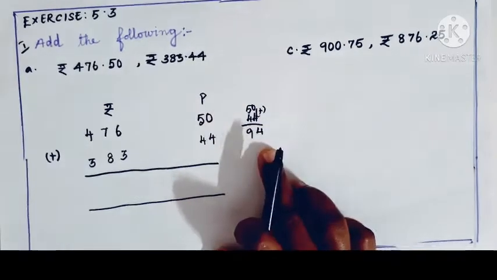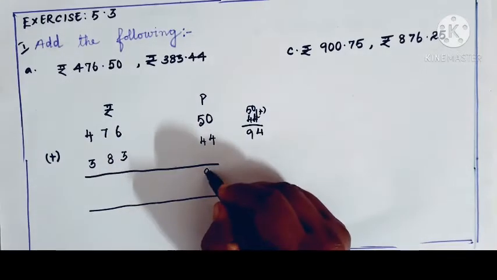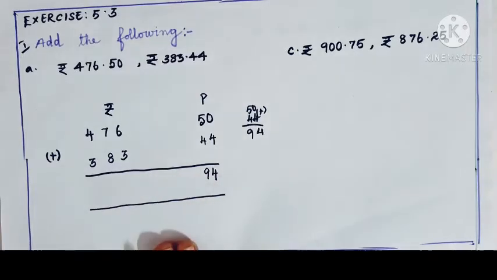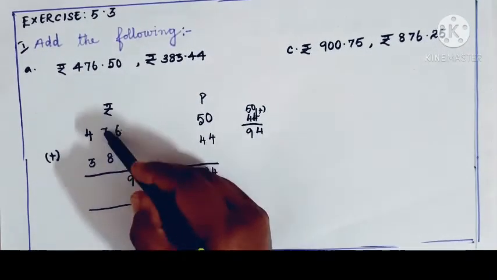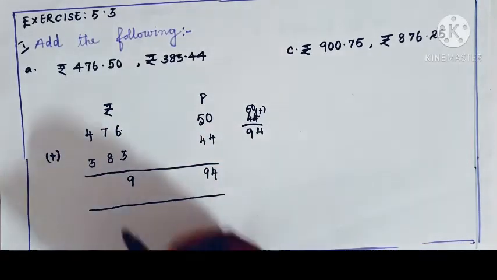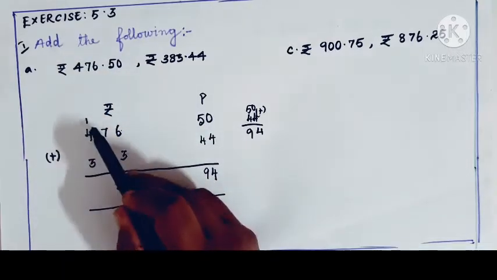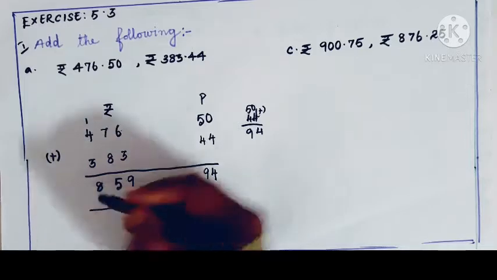So here it does not exceed 100, so you can write it in the pies itself, 94. So there is no conversion at all, right? Here 6 plus 3, 9. 7 plus 8, 15. Carry over 1. Next 1 plus 4 is 5. 5 plus 3 is 8.